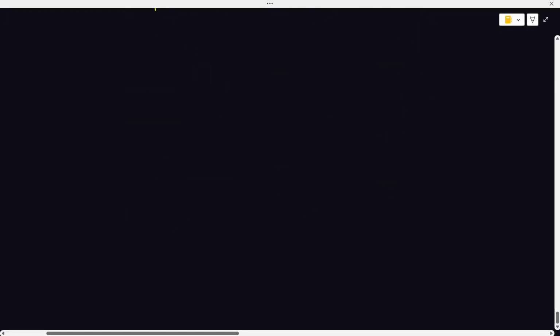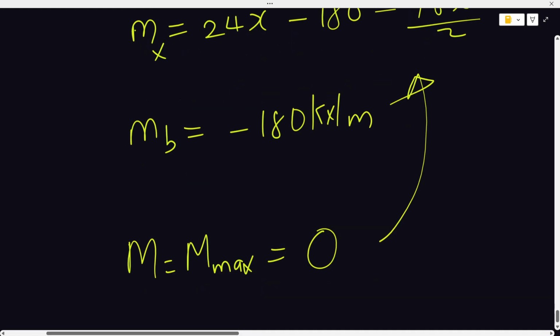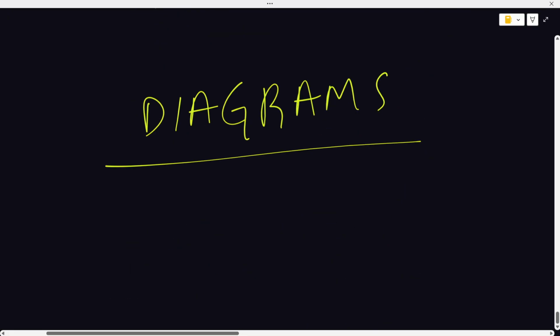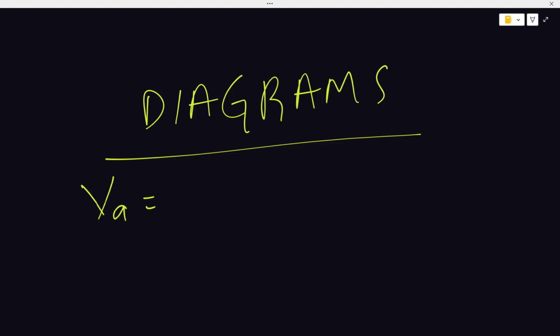So, the diagrams, the part we have been waiting for. Now, remember that our shear force at A was 25.